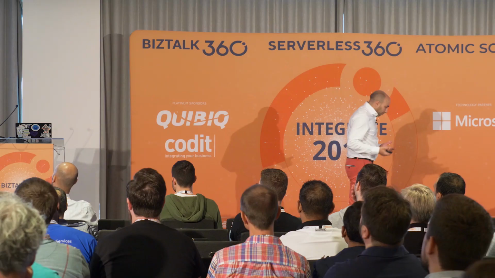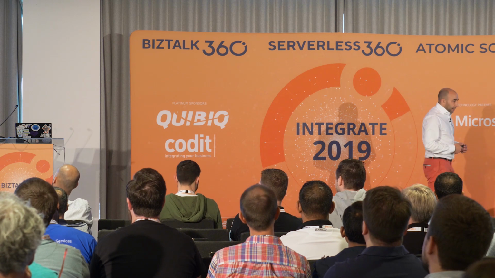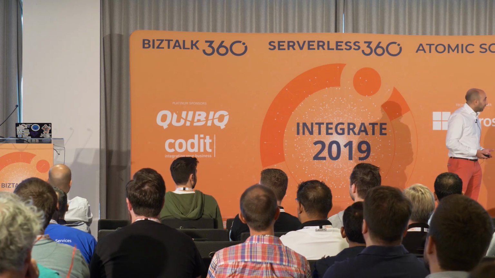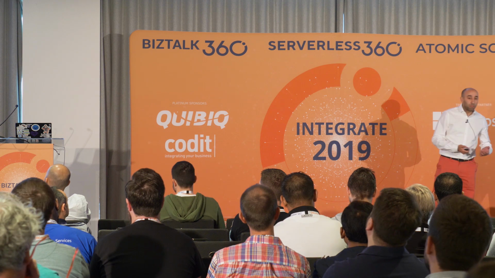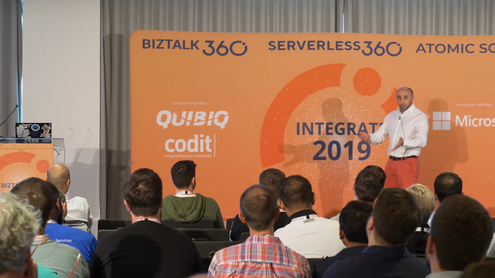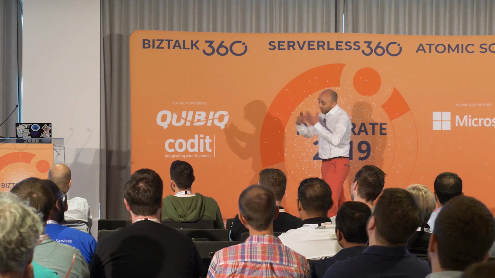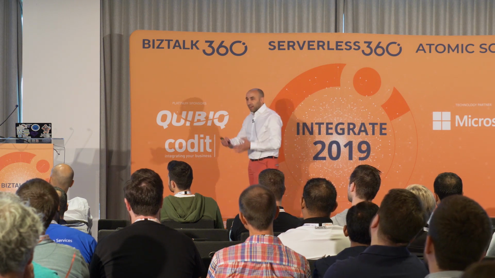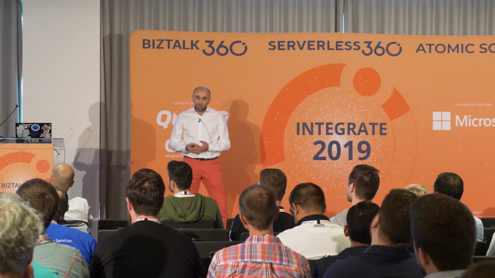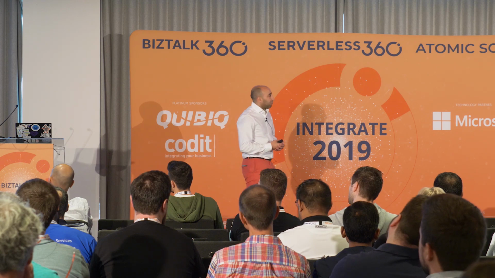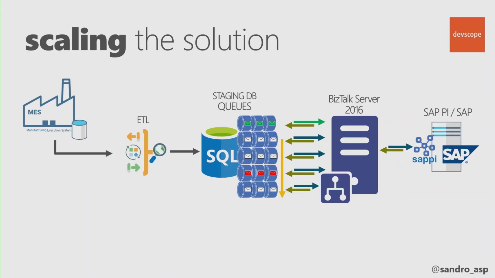My team and I were called in, I think one month before go live, to put BizTalk in the middle, or to find at that time a solution to put in the middle to solve all of these integration issues they were facing. We ended up choosing BizTalk Server and a lot of SQL Server.